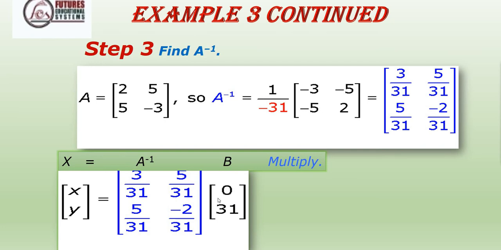Like that. When we multiply A negative 1 by B, we get the solutions 5 and negative 2. Therefore, x equals 5 and y equals negative 2.